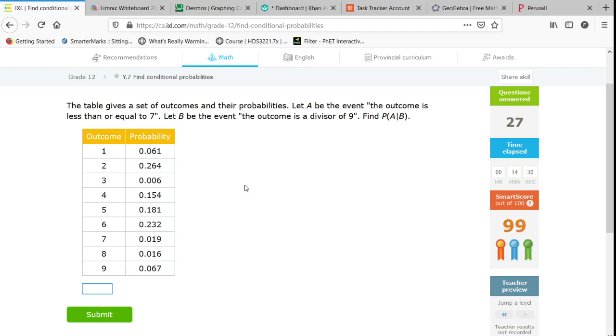Our denominator is all possible values for B. So that is 0.061 plus 0.006 plus the divisibility by 9 itself, 0.067. So this works out to 0.5.